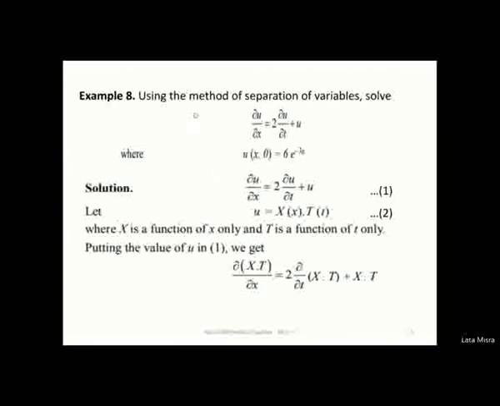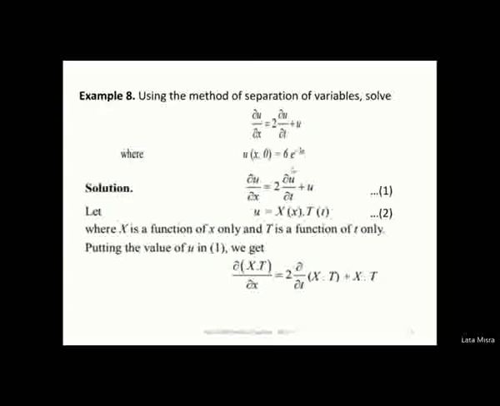See the example solved by the method of separation of variables. So here we have the partial differential equation del u by del x equals 2 del u upon del t plus u, and here we have the condition u(x,0) equals 6 e raised to minus 3x.